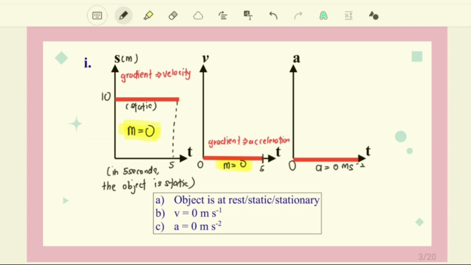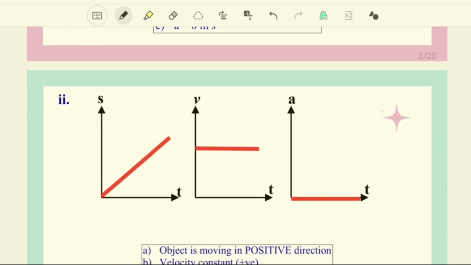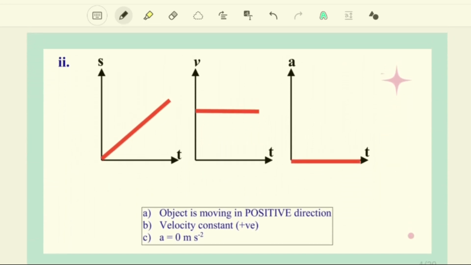Okay, now let's move to the next one. How about this one? Let's put a number. Kita letak nombor kat sini. Meter, second. From 0 to, let's say, 5 seconds. Kita boleh nampak from 0 to 5 seconds, the displacement of the object is increasing from 0, 1, 2, 3, 4, 5, 6.